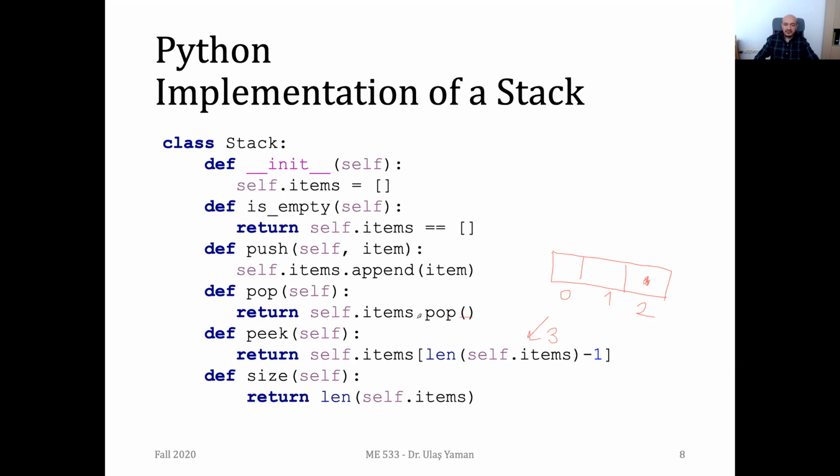So once you call the 2nd item in this list, it will give us the topmost, or the uppermost, item value in our stack data structure. So it will be the peek operation of our stack data structure.